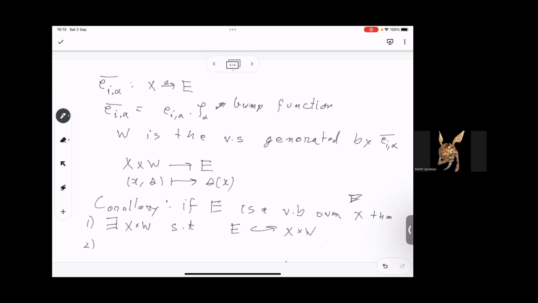Number two, there exists F, a vector bundle over X, such that E direct sum F is trivial. So we know that E sits inside X cross W, right?